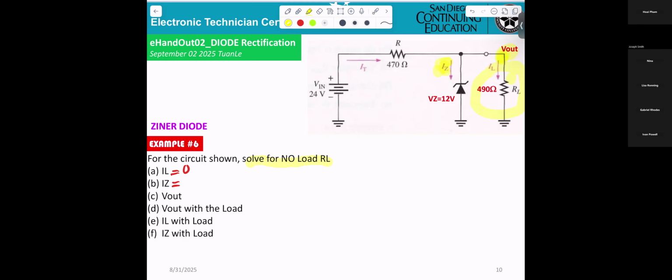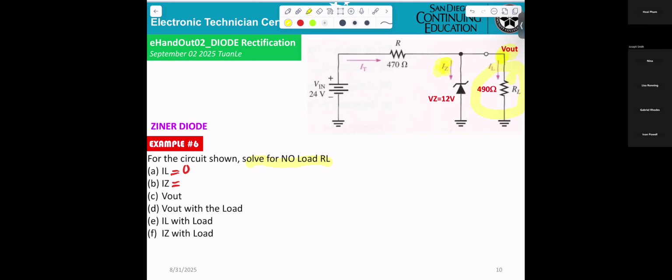In this particular problem, there's no load, so we treat it like the 490 resistor is not there. Just forget about it. Then the next thing you do is pull the diode out, and you'll see that VN is 24 volts.